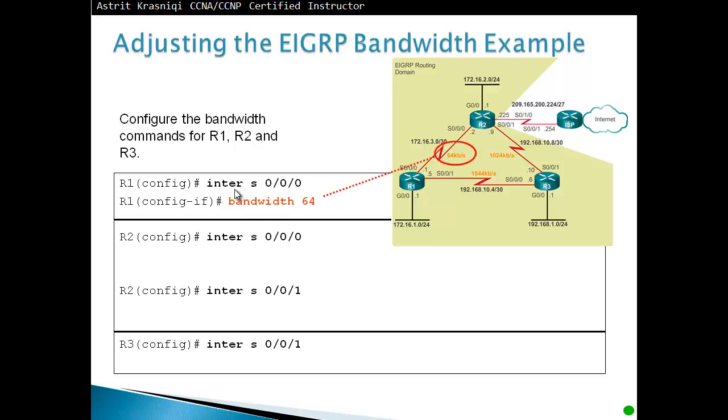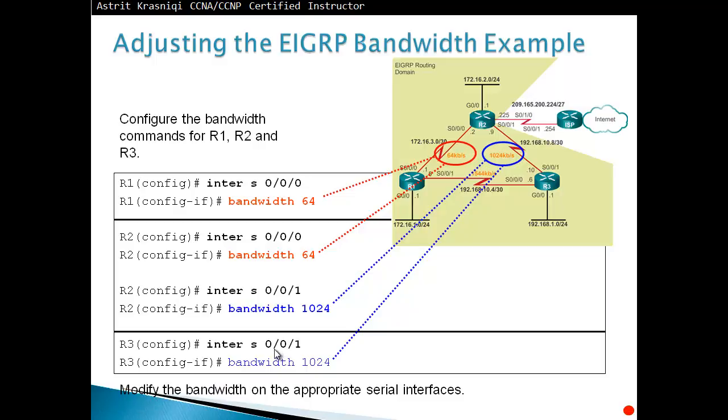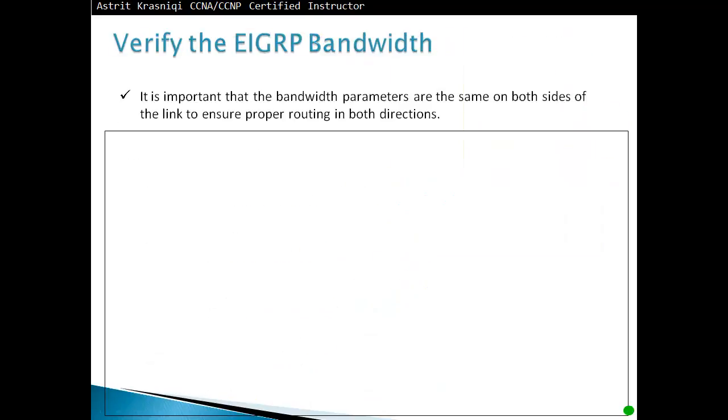So we configure the bandwidth commands for router 1 and router 2. On router 1, on that interface, bandwidth 64. On router 2, on the same link, bandwidth 64. On router 2 again, for the interface between router 2 and 3, 1024, and we do the same thing on router 3. We modify the bandwidth on the appropriate serial links or interfaces.